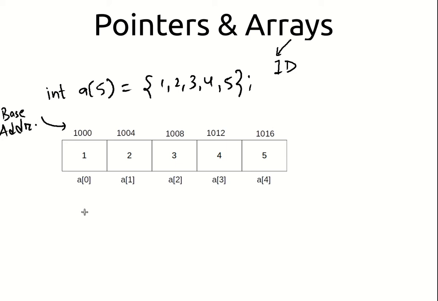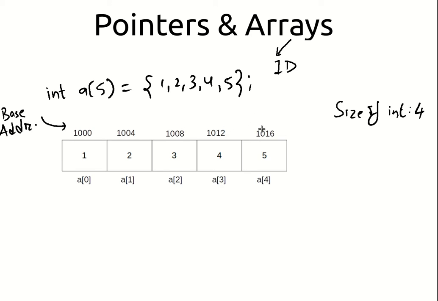Also, let us assume that the size of int is 4 bytes. If size of int is 4 bytes and the base address is 1000, the second element would have the address 1004, the next one is 1008, 1012 and 1016.